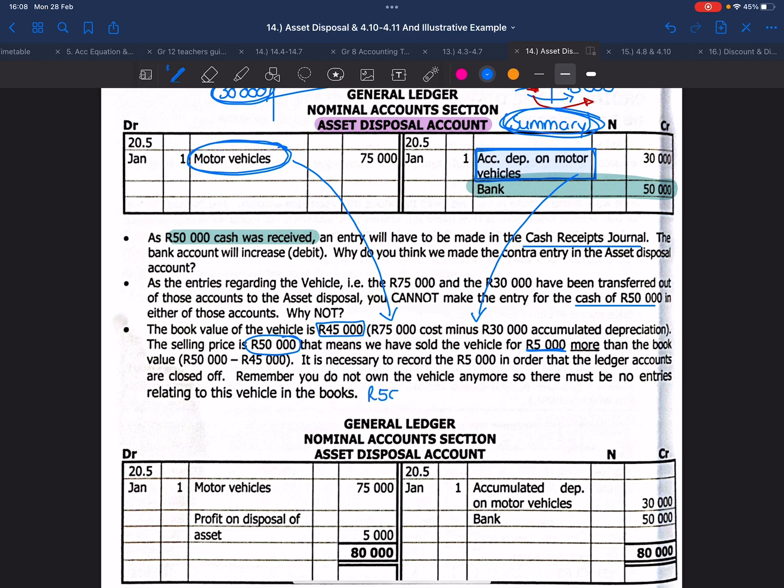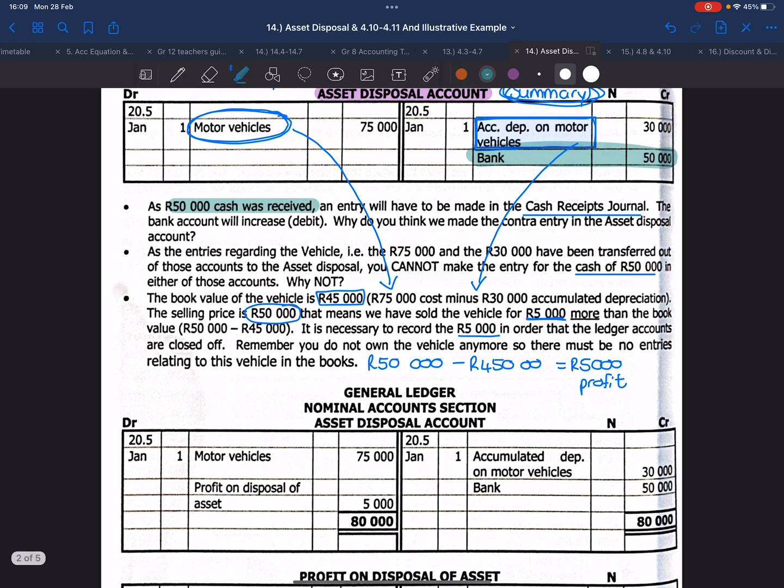So if we sold it for 50,000 and the book value was 45,000, we then made a profit of 5,000. It is necessary to record the 5,000 Rand in order that the ledger accounts are closed off. So the 5,000 Rand, we then record it in our asset disposal account so that the account can be closed off and it can balance.